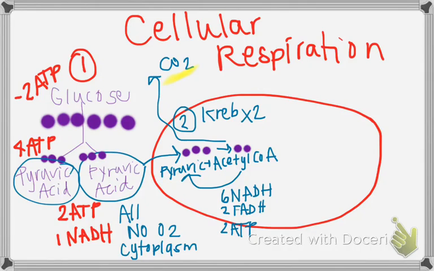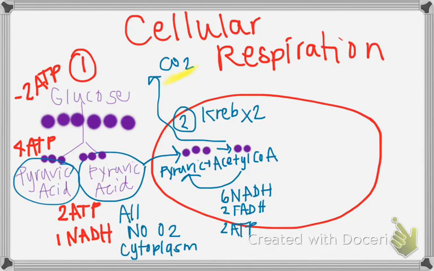Okay, let's talk about the difference in NADH and FADH before we go any further. NADH and FADH are both electron carriers, and they both carry 2 electrons. The difference is NADH makes 3 ATP, and FADH only makes 2 ATP. The reason is because NADH drops its electrons off at the beginning of the electron transport chain.